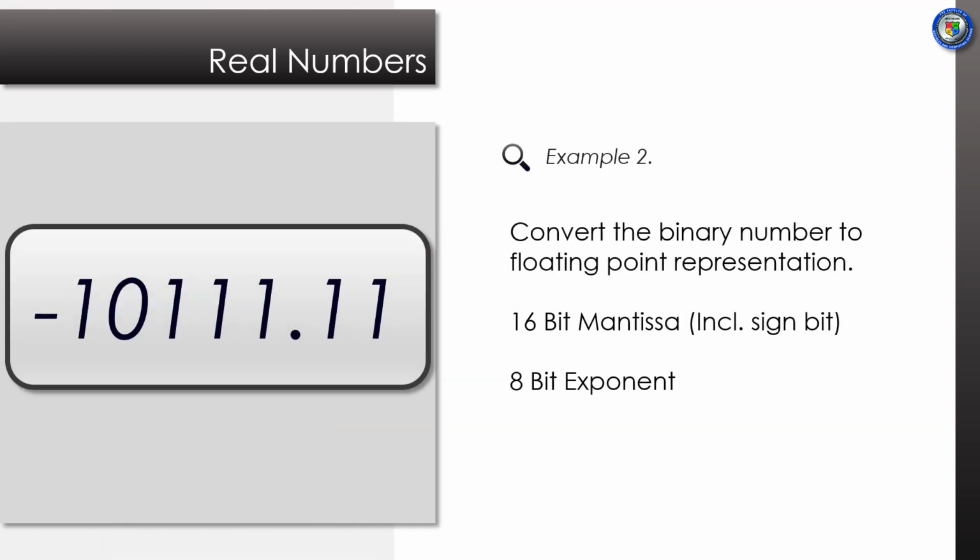Now let's look at our second example. We're going to convert the binary number to floating point representation. Again, we will use a 16-bit mantissa, including our sign bit, and an 8-bit exponent. This time the number we will convert will be minus 10111.11, and we'll show this in the next few slides.